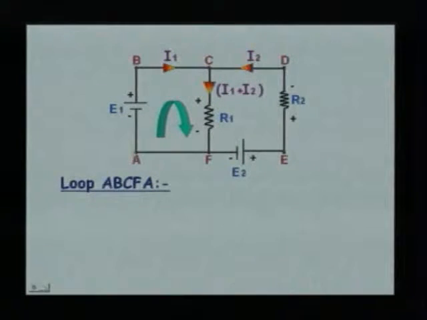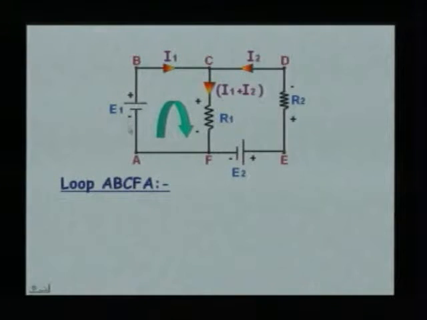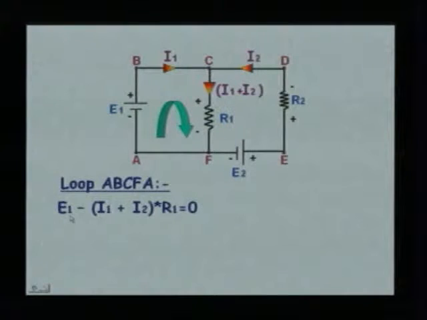We are moving from negative sign to positive sign, so we have got a rise in potential, which is indicated by a positive sign. So I can write down E1. Next, while moving from B to C, we have got no component.